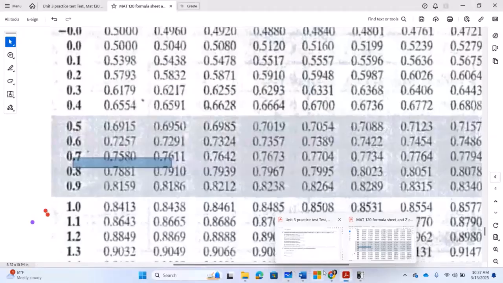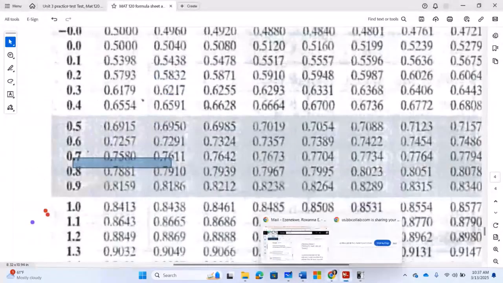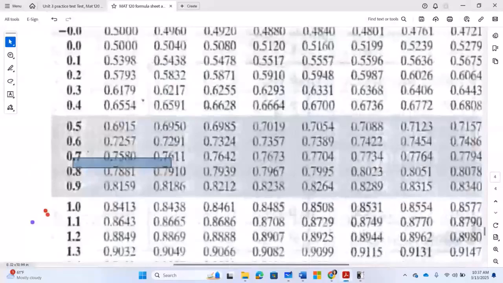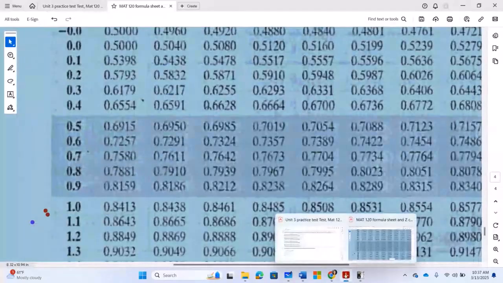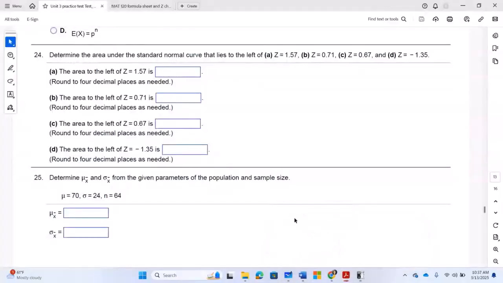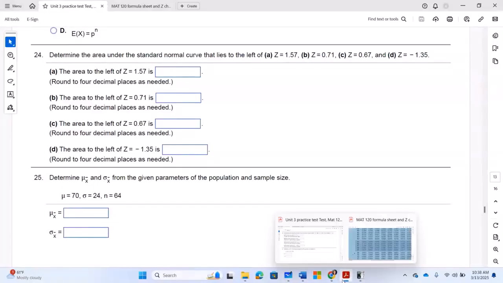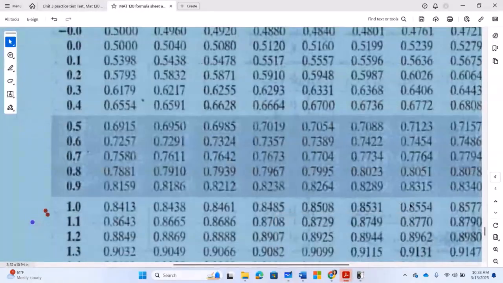Let's find the area to the left of negative 1.35. What is the area to the left of negative 1.35? So I am going to open the chart now, and I'm going to be reading negative 1.35.